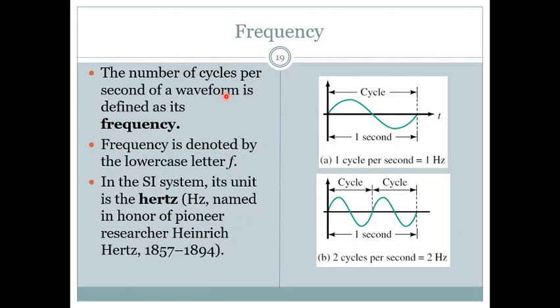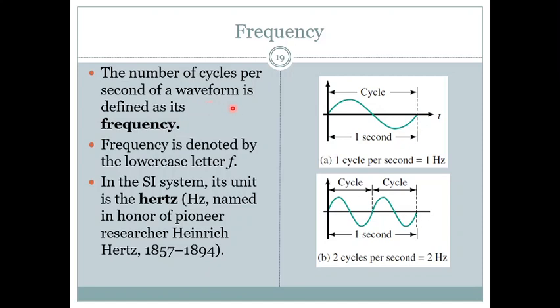So the definitions, let's call them definitions. We'll identify the key features of waveforms. The first one is the number of cycles per second, which is referred to as the frequency.